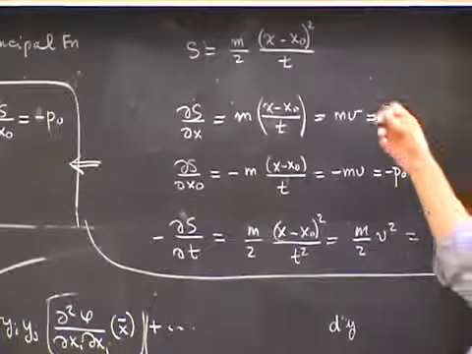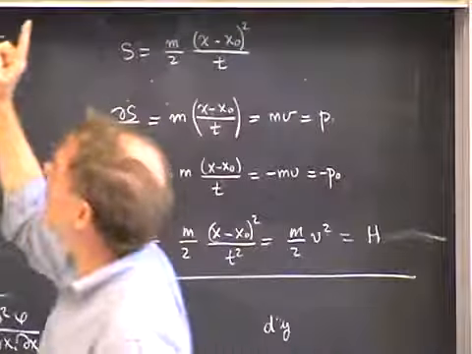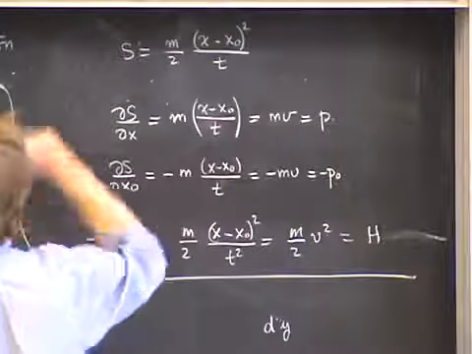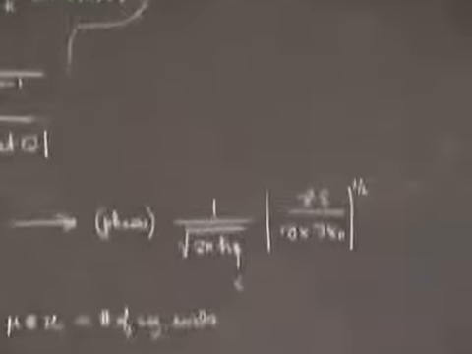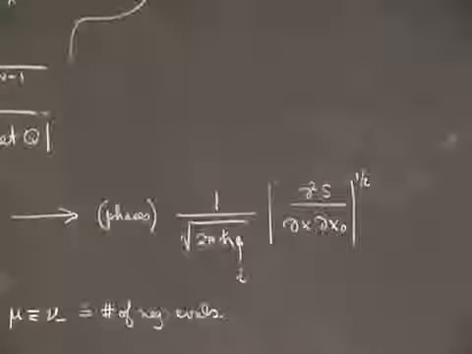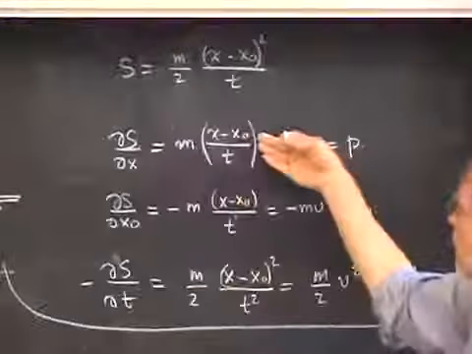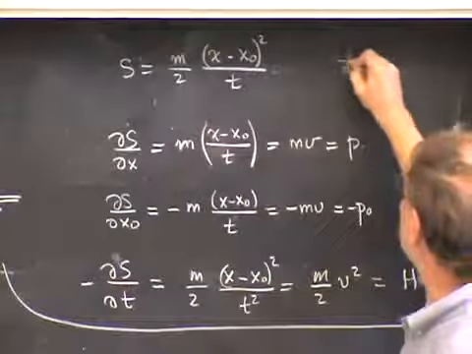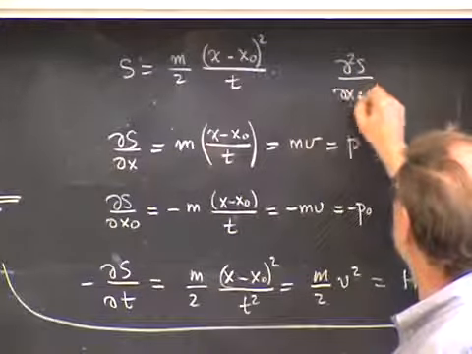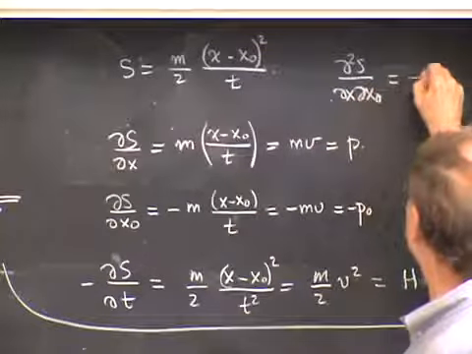Now, in the Van Vleck formula, however, we need the second derivatives, which is right here. Those things there. So let's compute d squared S over dx dx0. I just take this derivative with respect to x and differentiate with respect to x0. It's easy to do. It just becomes minus m over t.